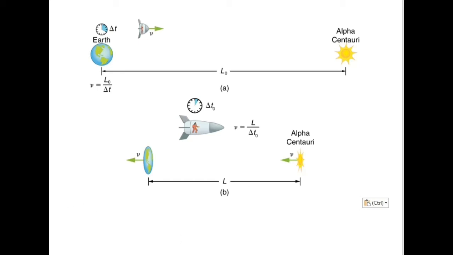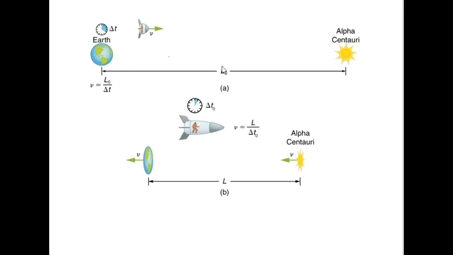Now, if you are going to look at this illustration, we have here delta t, the time measured on Earth or by the observer on Earth. And then that is the proper length that the observer knows as the distance. If you are the observer on Earth, that is what we call the proper length, which is the actual distance from the Earth to the Alpha Centauri.